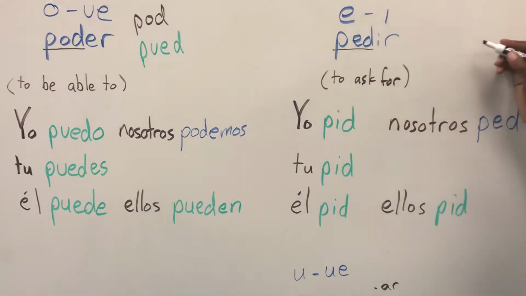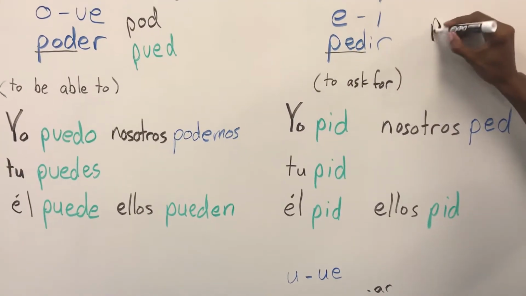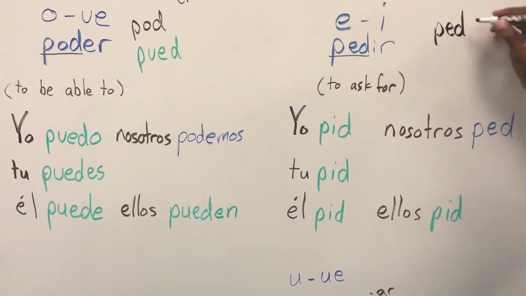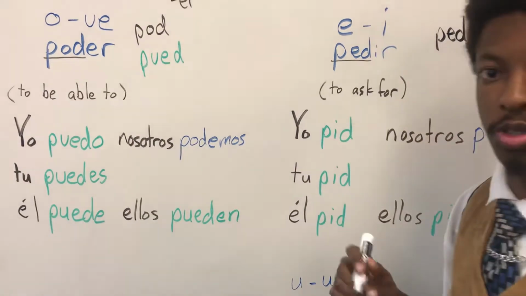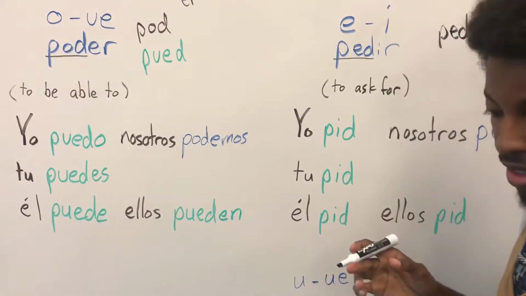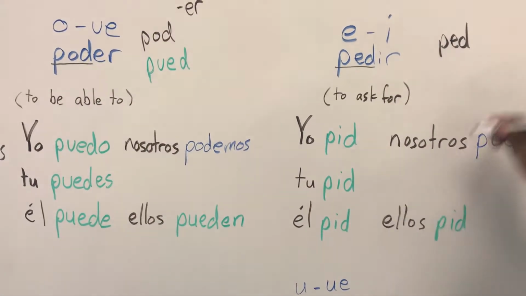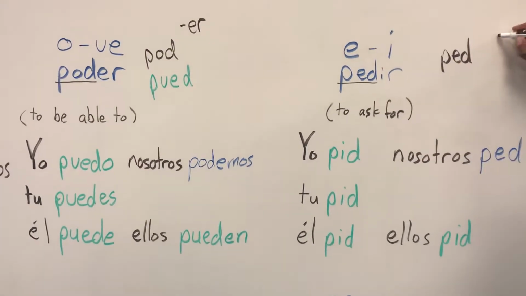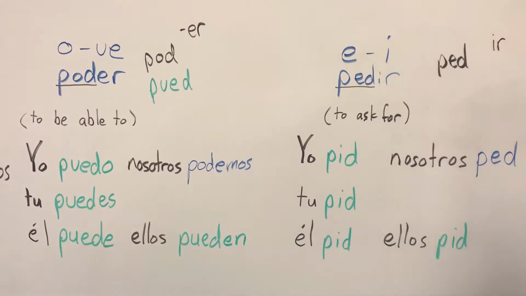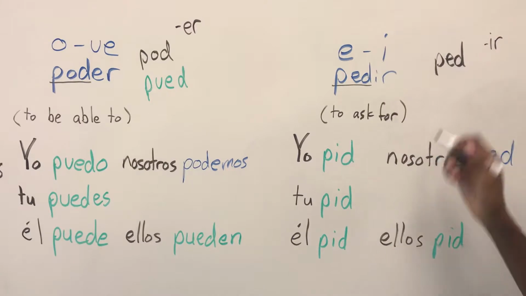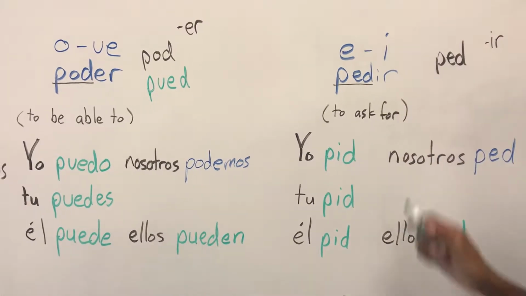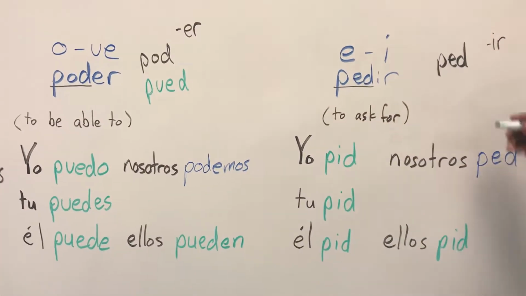All right? So we know that. Let's write that down. Remember, that's what's going to go for nosotros. But everything else will have a different stem once we change it. Okay, the ending here is IR. Very important to notice the ending. So that is ped. We're going to change it now from E to I.